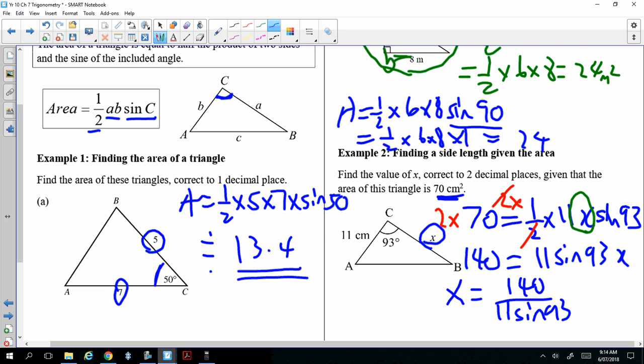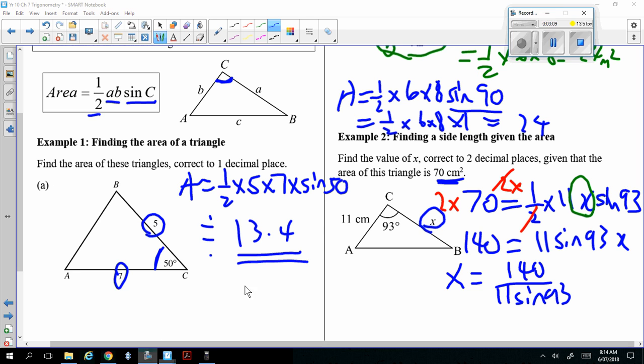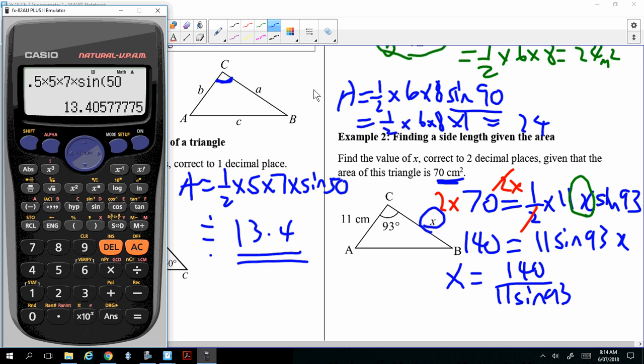Using our calculator gives you 140 over 11 sine 93. Make sure you close the bracket if you put it inside the denominator. Press equal, you get 12.74, 2 decimal places.